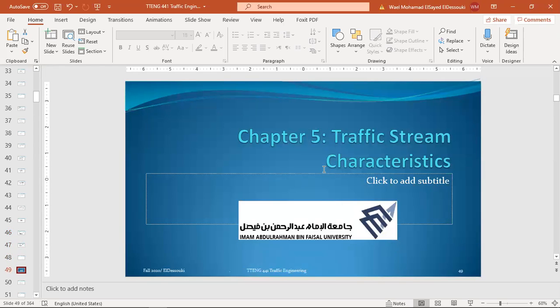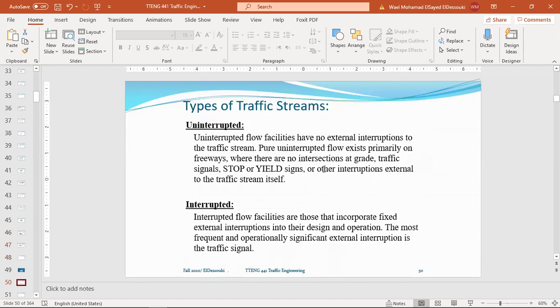Now we are done with the road user characteristics and the vehicle characteristics. Now we have to study the traffic stream characteristics. In the traffic stream, we need to differentiate between two types: uninterrupted traffic stream and interrupted traffic stream. What is the uninterrupted traffic stream?